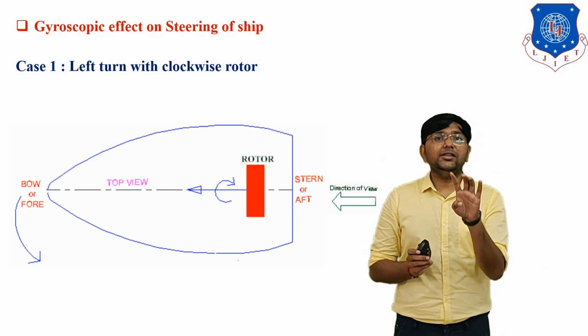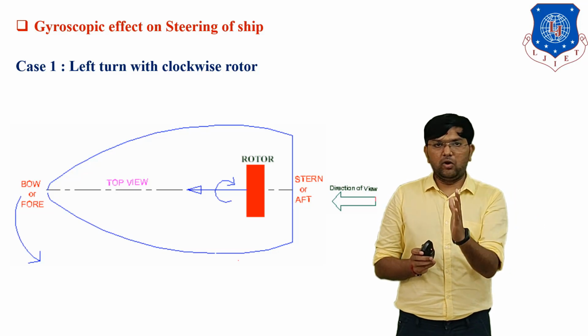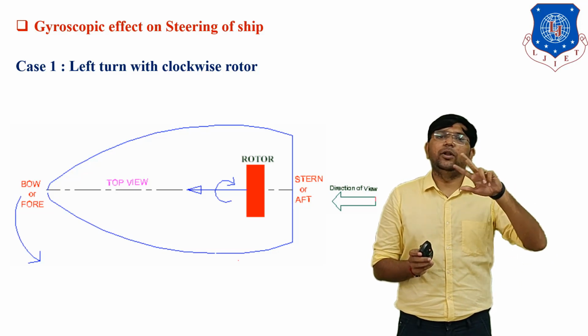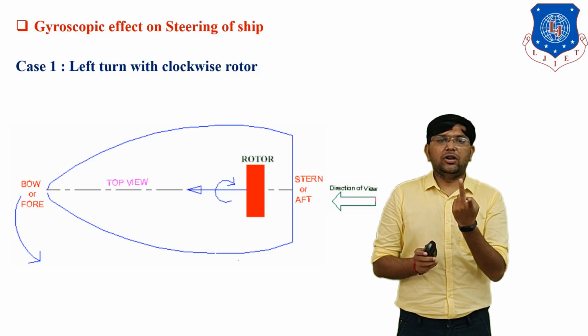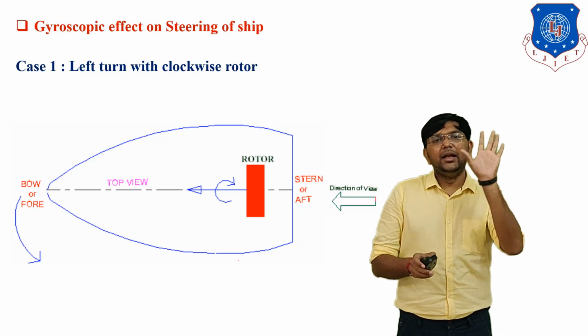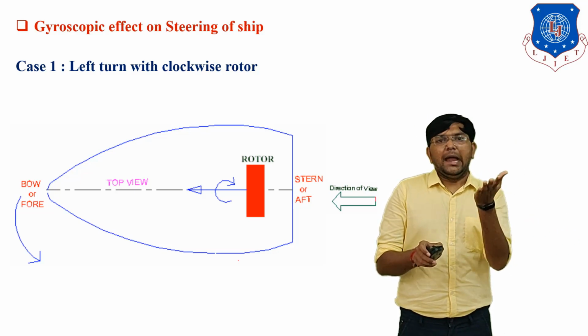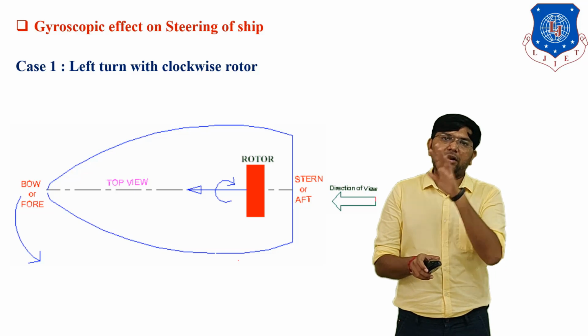There are four cases we have to discuss. First case, the rotor rotates in anti-clockwise direction and the ship tries to take a left turn. Second case, the rotor rotates in anti-clockwise direction and the ship tries to take a right turn. In the same way, the rotor rotates in clockwise direction and the ship tries to take a left turn, and in clockwise direction the ship tries to take a right turn.